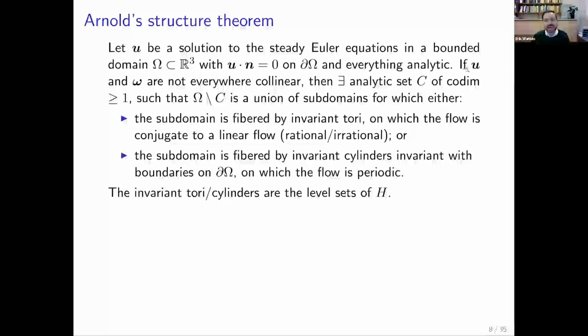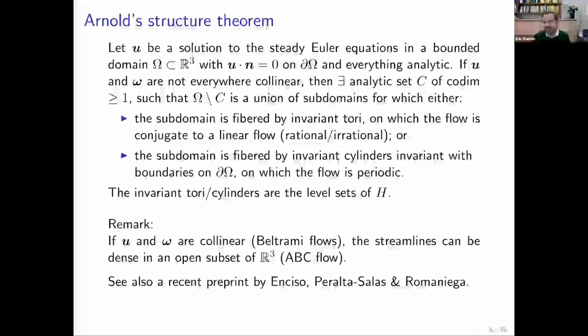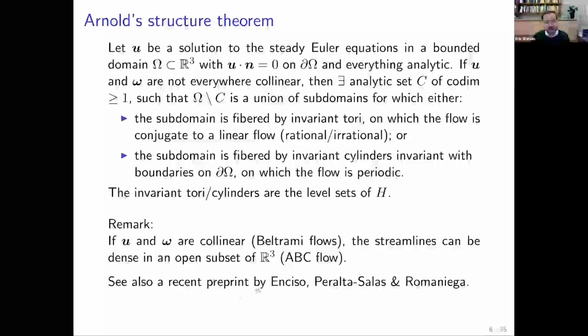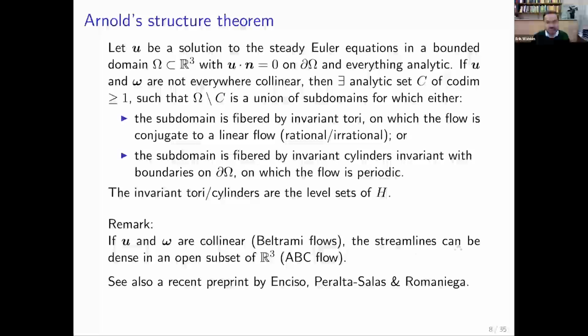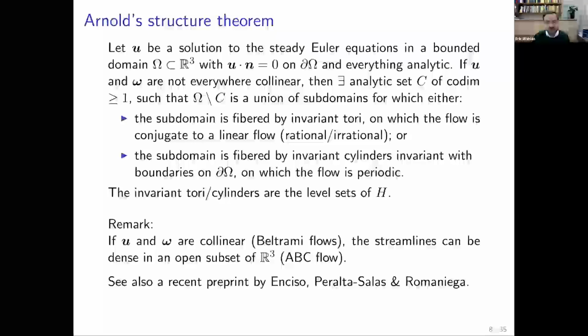The other case is if u and omega are collinear. So that's the chaotic case. These are the Beltrami flows. In that case, it's known that the streamlines can be dense in an open subset of R^3, the classical example being ABC flows.